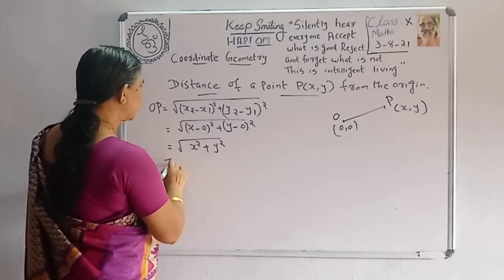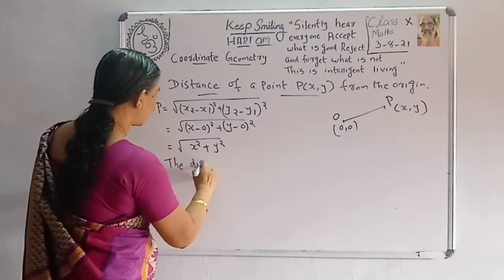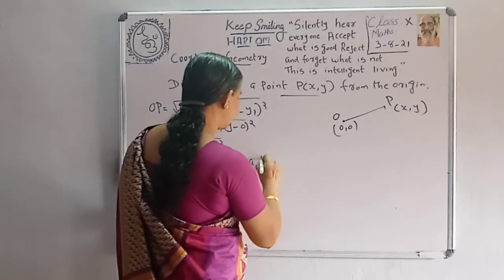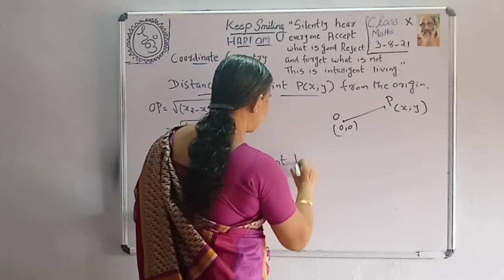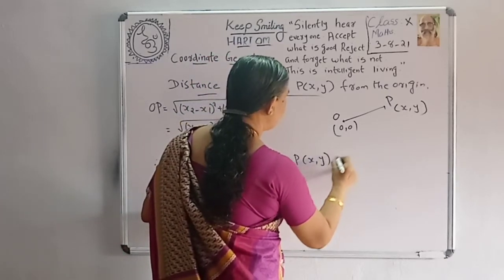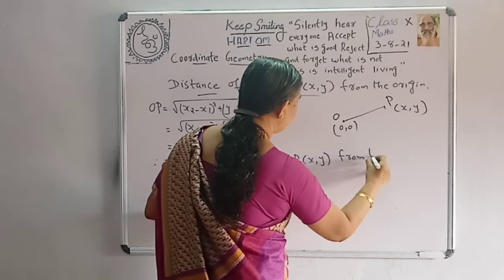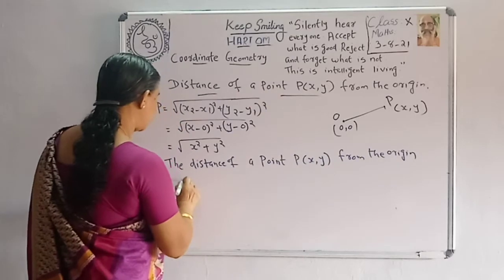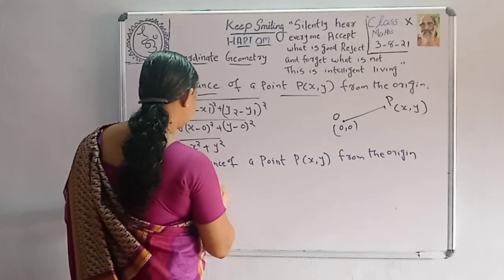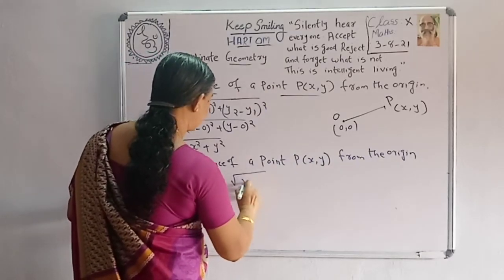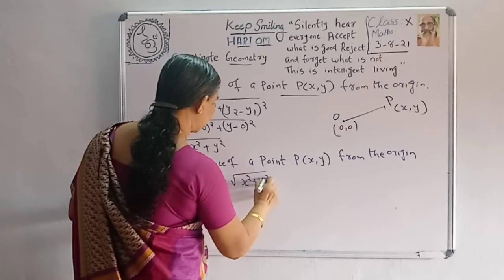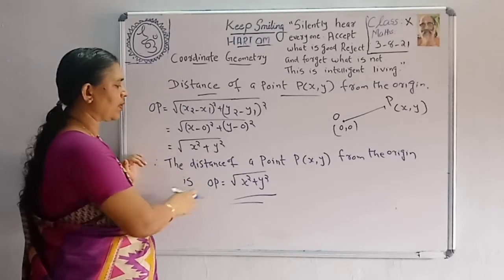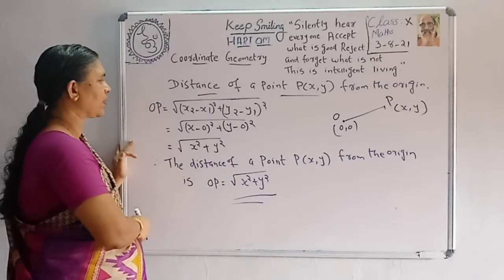Therefore, the distance of a point P(x, y) from the origin is OP equal to square root of x square plus y square. Remember the formula.